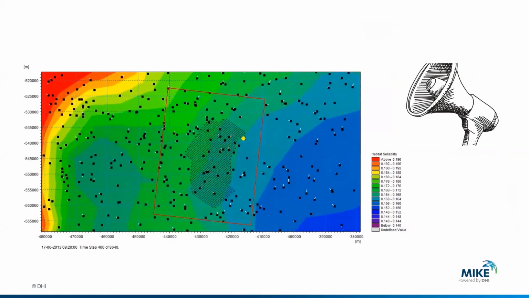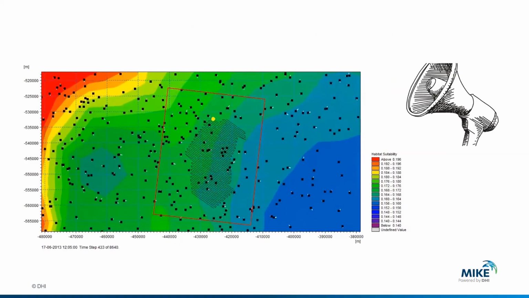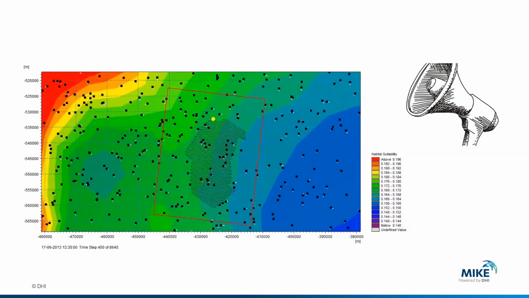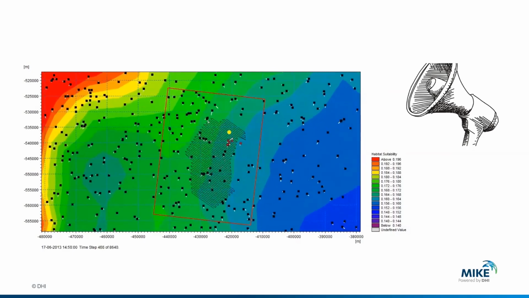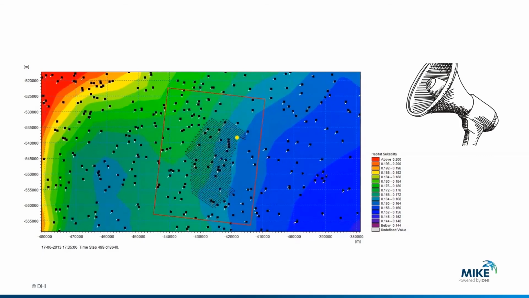Using this, you can see that, due to the drifting of the particles, they have a slight north and south movement. It creates a displacement field just on the right side of the survey vessel.